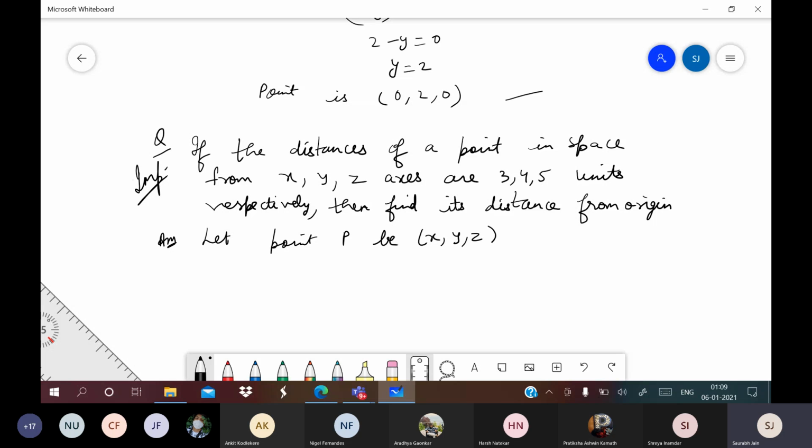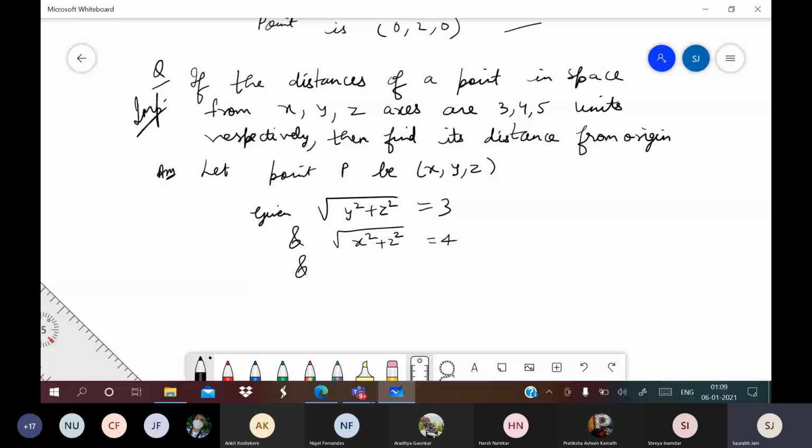Now use the formula. What I told you, distance from x-axis is under root y square plus z square. This is the distance of the point from x-axis and it is given equal to 3. What else is given? Distance from y-axis and distance from z-axis.